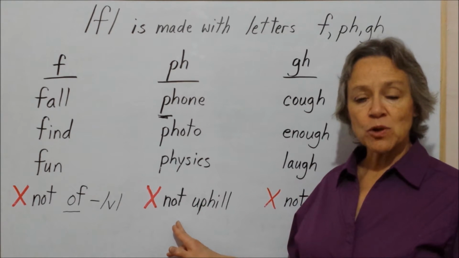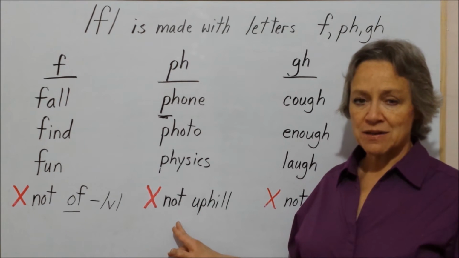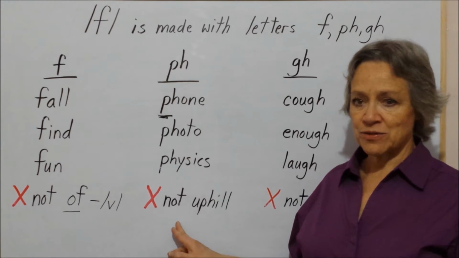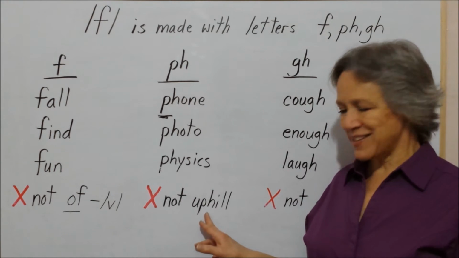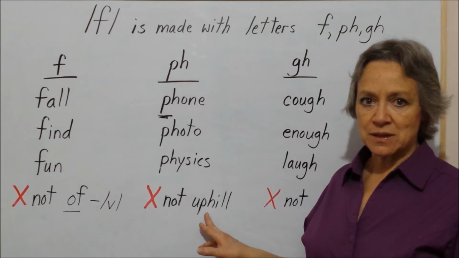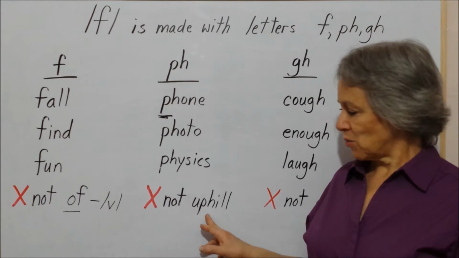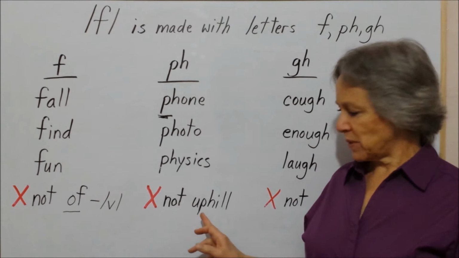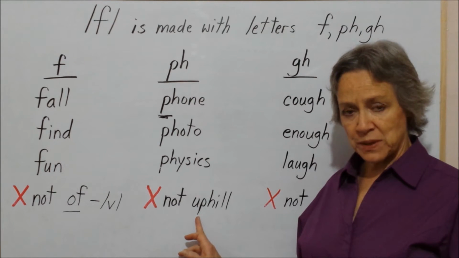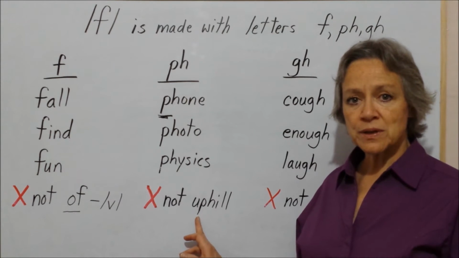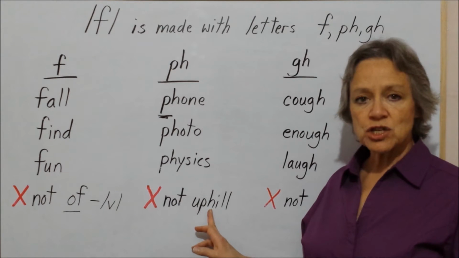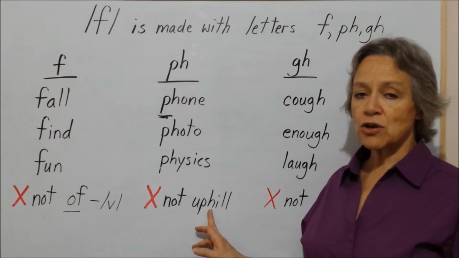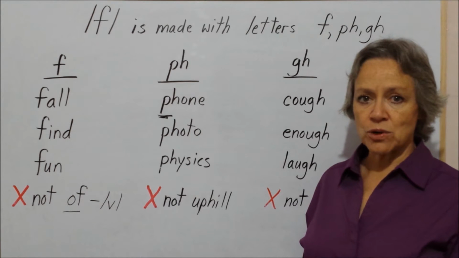However, I put an example where PH does not make the F sound, and here it is the word uphill. We have many words where PH does not make the F sound because the letter P and the sound P and the letter H and the sound H occur in different syllables of a word.